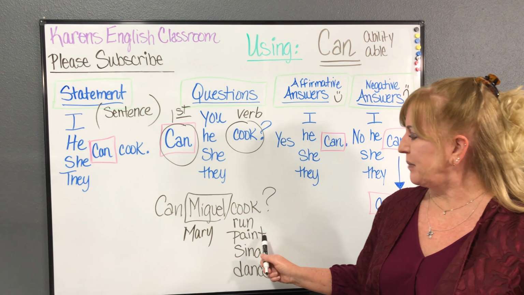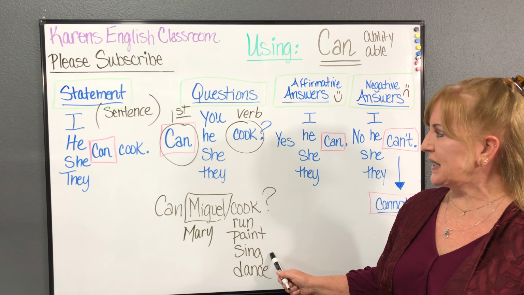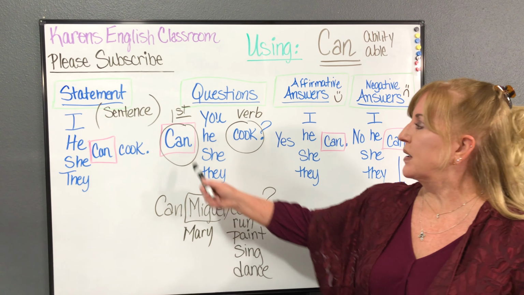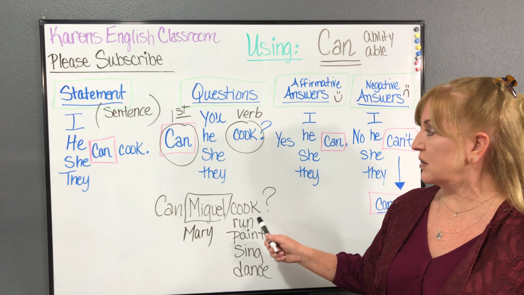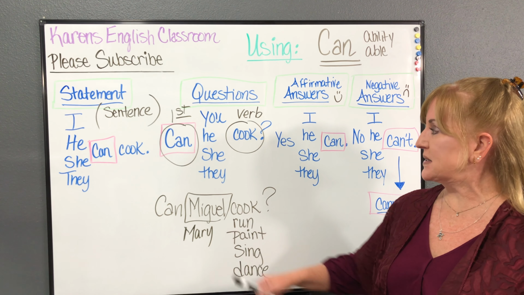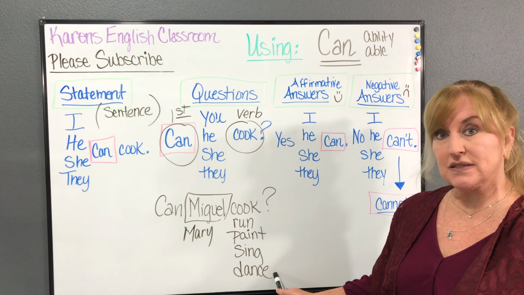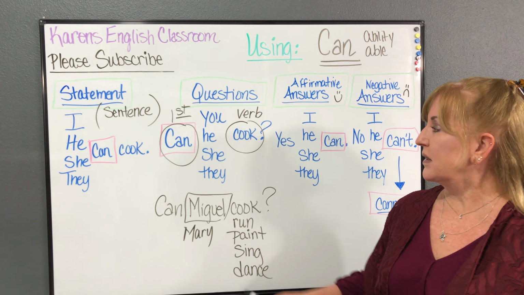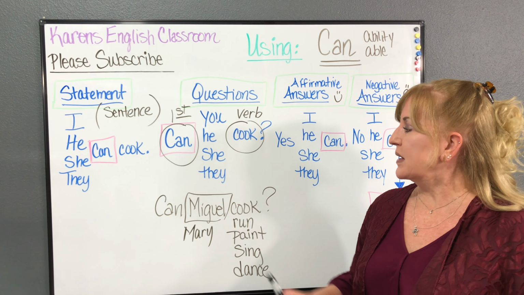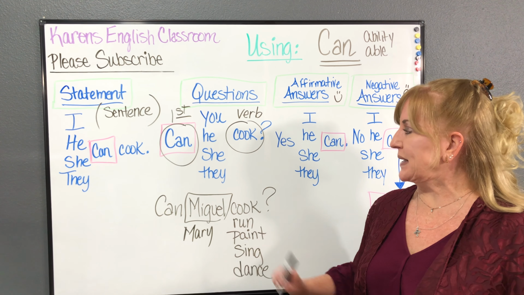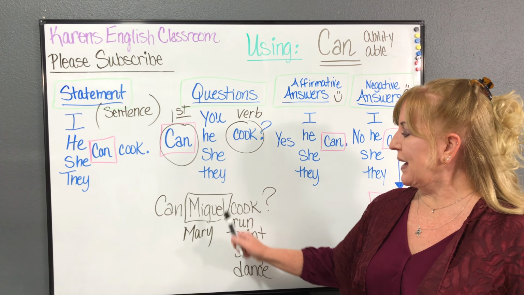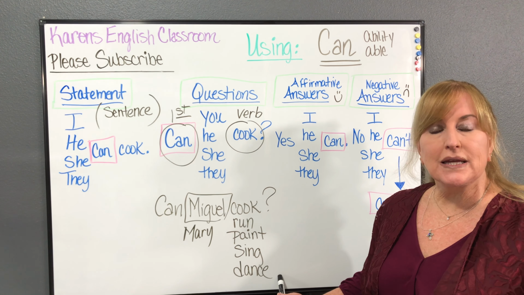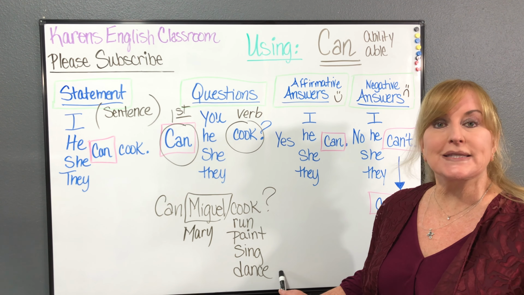Can he paint? Can he sing? Okay. Can she cook? Can she paint? Can she dance? Okay. And can they? Can Miguel and Mary paint? Can Miguel and Mary dance? Can Miguel and Mary sing?